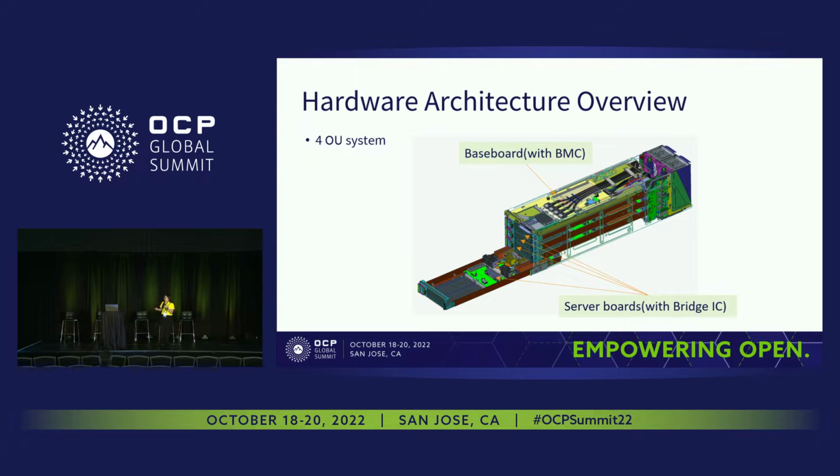The bridge IC, which is also a management controller, is on the server board to communicate with CPU, DIMM, VR, and other devices on the server board. Also, it communicates with the connected expansion card.